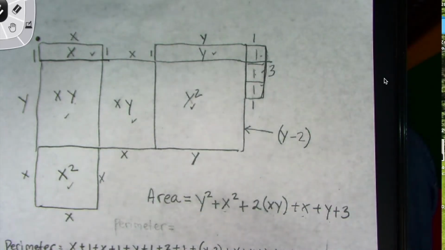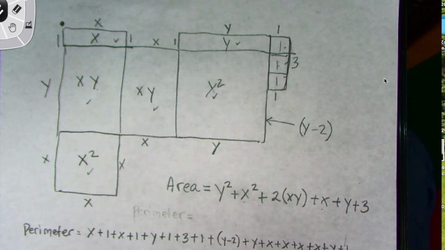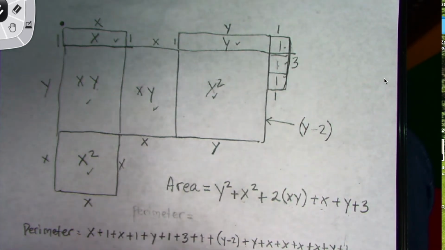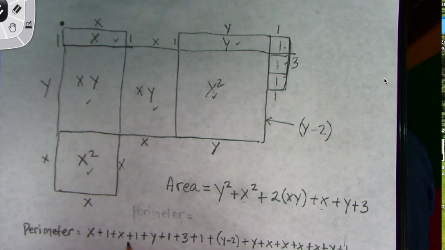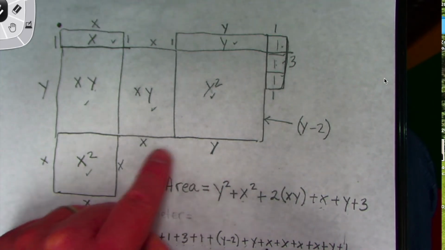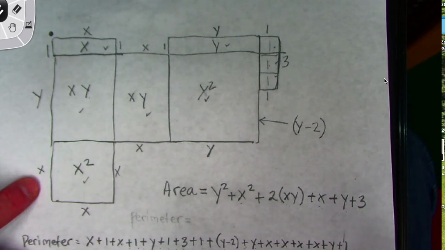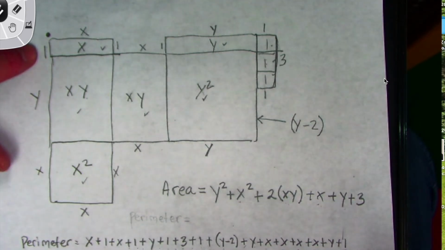And that took me all the way around the edge. And my computer turned off there, so I'm going to read it again real quick. It's x plus 1 plus x plus 1 plus y plus 1 plus 3 plus 1 plus y minus 2 plus y plus x plus x plus x plus x plus y plus 1.